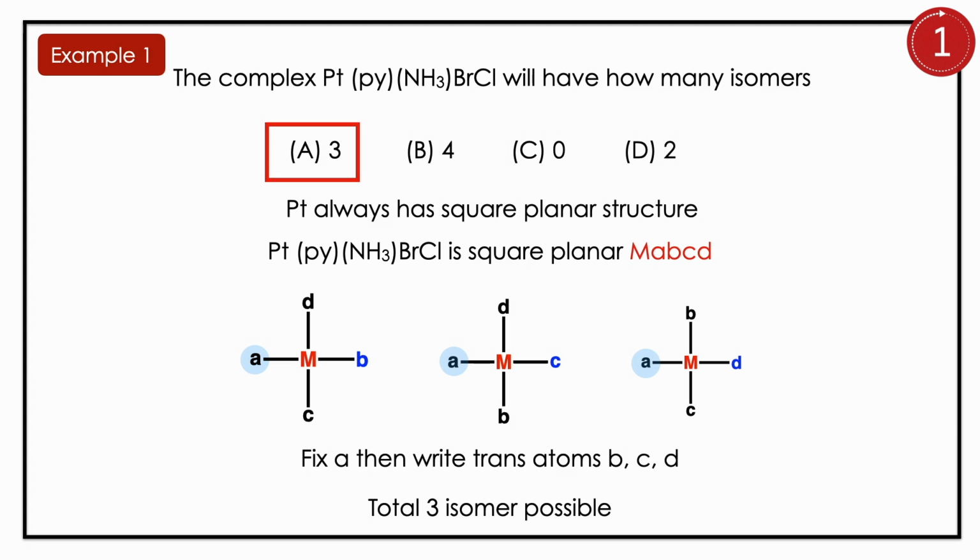All 4 ligands are different. Platinum always has a square planar structure, that you should know. So in square planar, we fix one atom and draw the opposite atom as a variant. A is our fixed atom, B is different, then C, then D. So totally 3 isomers are possible. This kind of problem you can only solve when you understand the concept better and have clear 3D identification.